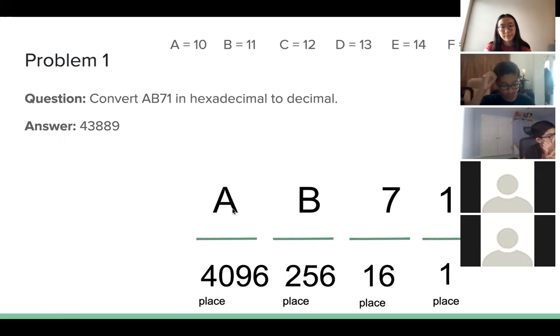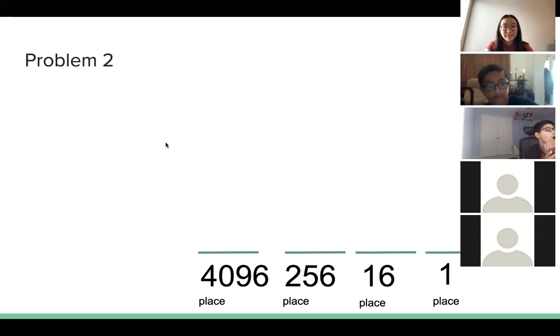You just multiply the place value by the digit that's in that place value, and if you find the sum of everything, it's going to get you that. So this is going to be 40,960 and so on and so forth. But what I did was I multiplied two of the big numbers instead of adding them, which resulted in a huge number. Yeah, make sure you add.